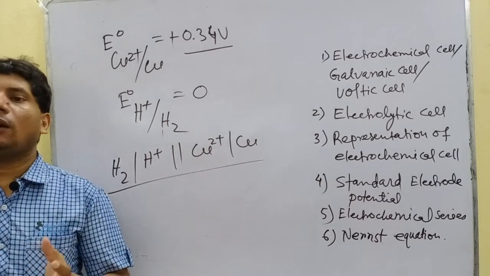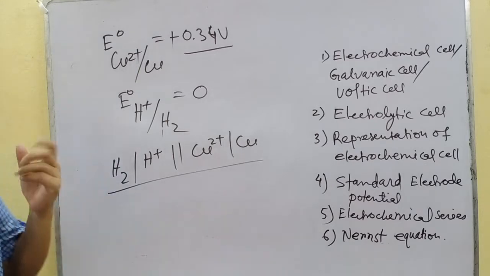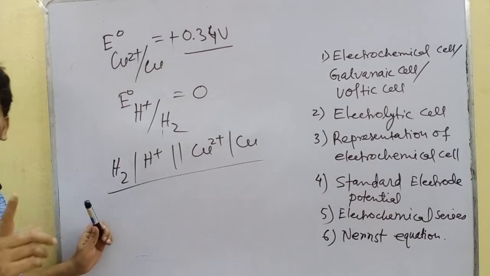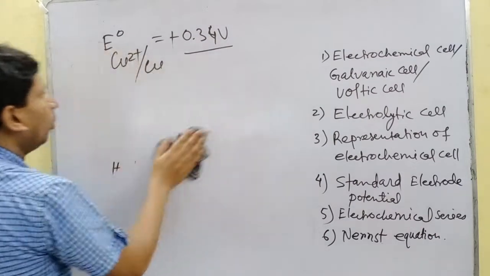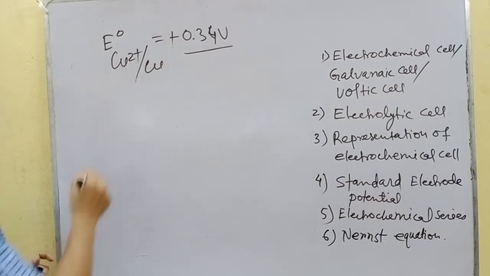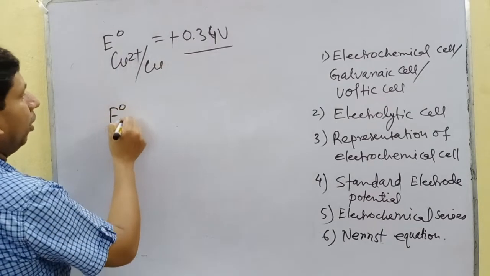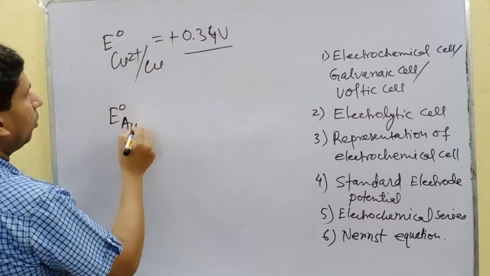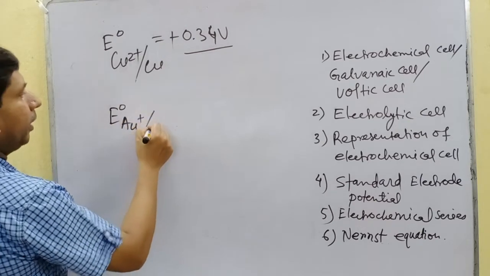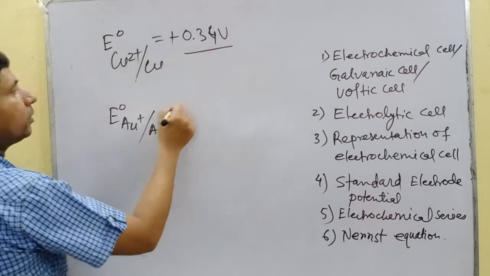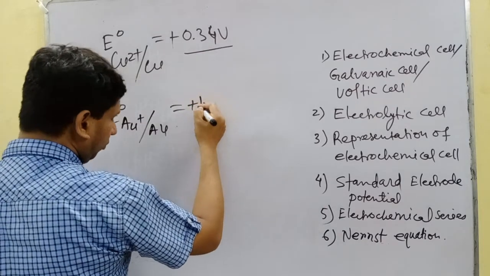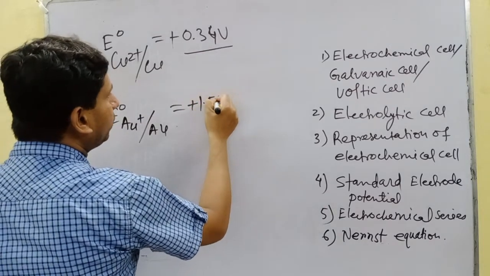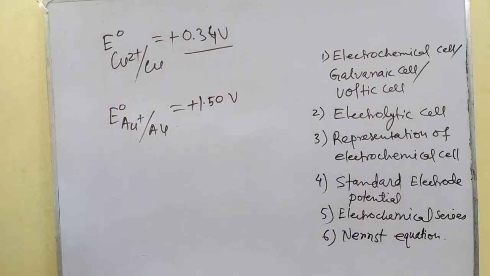Now the reduction potential of gold is 1.5. The value of reduction potential of gold, that means E0 of Au plus to Au, is plus 1.50 volt. Which one is greater?